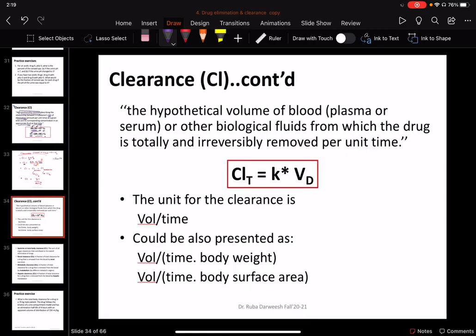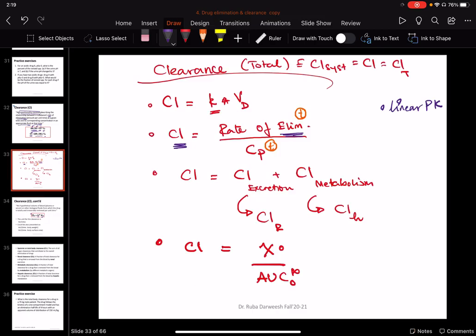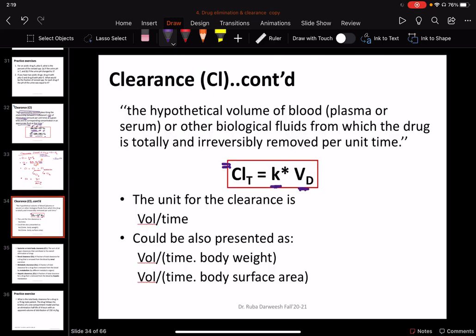Okay, another equation, as we just mentioned, is K multiplied by VD. And whatever equation we are using, the unit is volume per time, as we mentioned before. It's the hypothetical volume of the blood, plasma, serum, or any other biological fluid from which the drug is totally and irreversibly removed per unit of time.